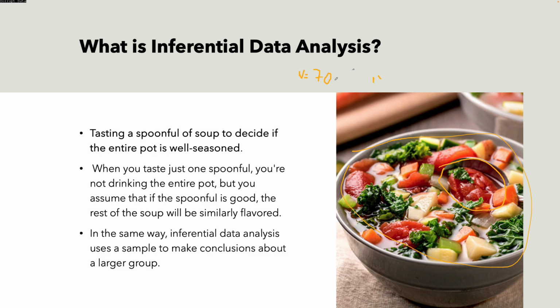And within that group of 70 people, I am going to do muscle biopsies to determine what their level of advanced glycation end products are in that skeletal muscle. And I'm going to see how those advanced glycation end products might cause inflammation in skeletal muscle. And I only have this small group of people, which is representing that spoonful.